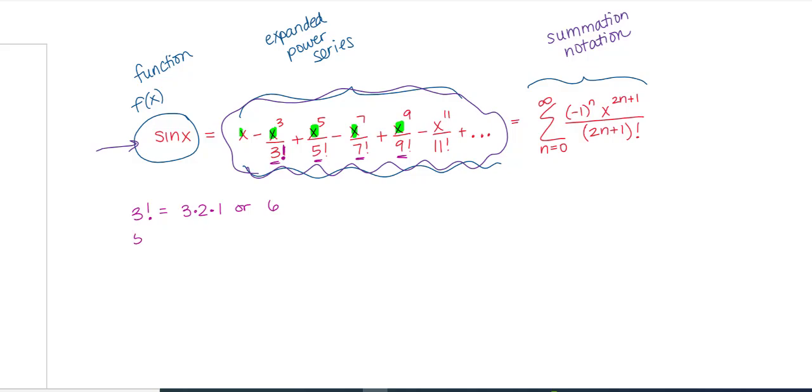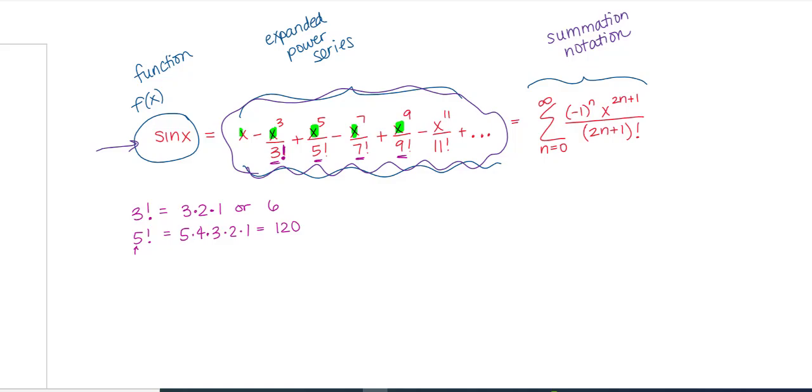So 5 factorial, for example, would be 5 times 4 times 3 times 2 times 1, and that should be 120. The factorial says that's the largest number in that product, and it decreases by 1, until you get to 1.